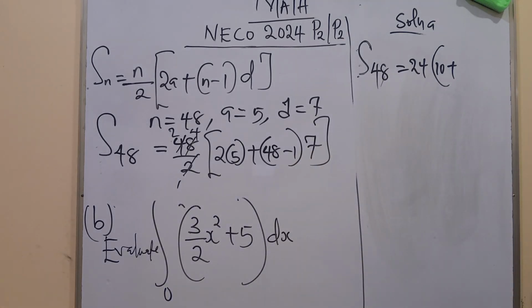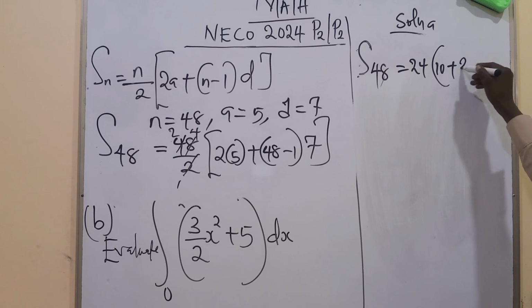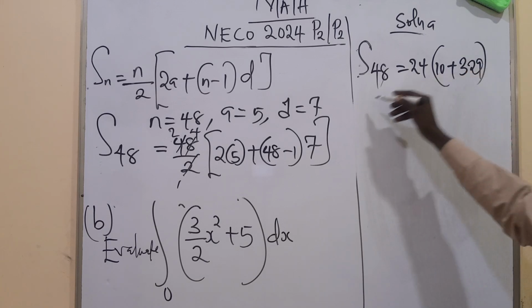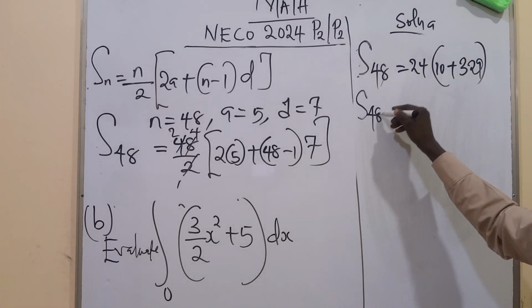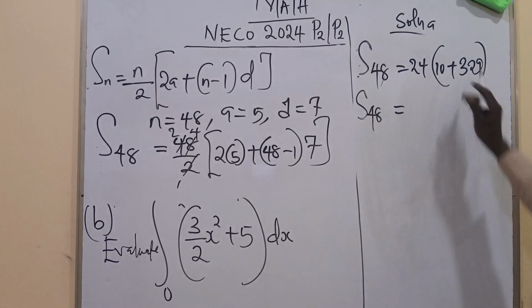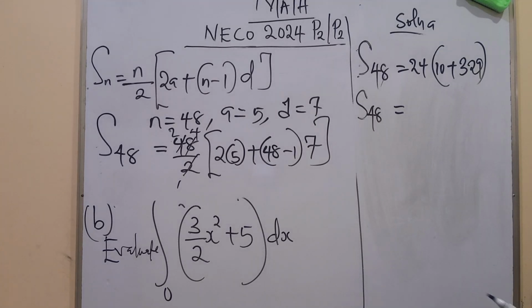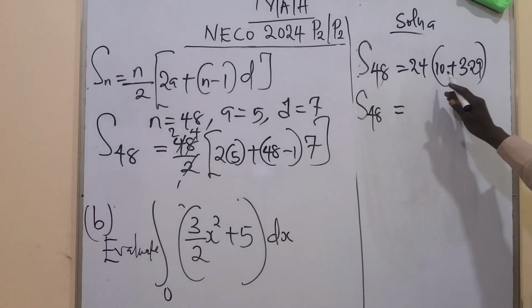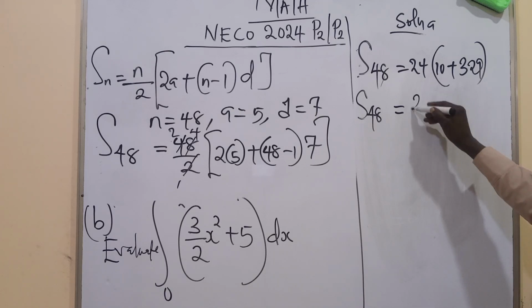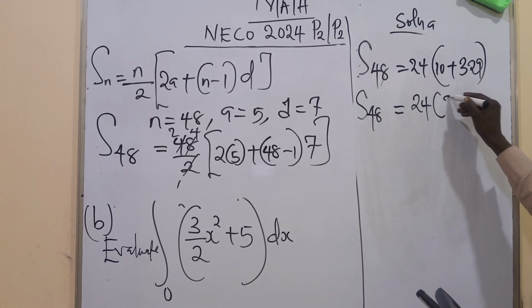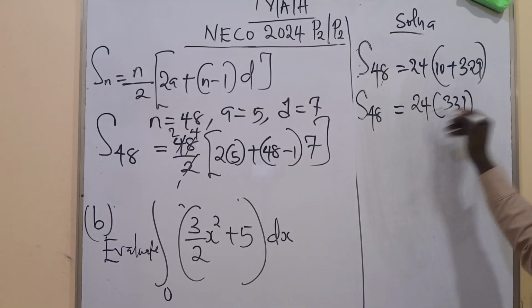Let's use our calculator: 47 times 7 will be 329. Let's add what is in the bracket: 329 plus 10, it will be 24 into 339.